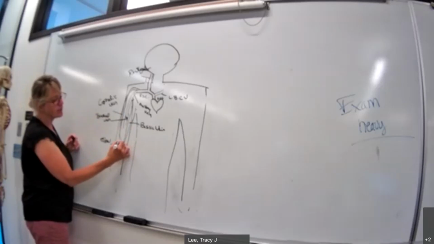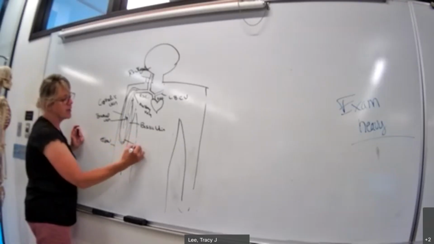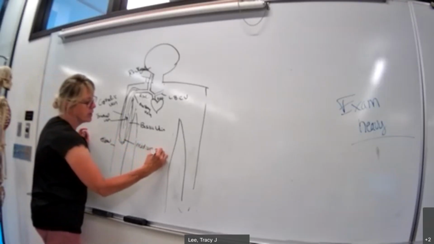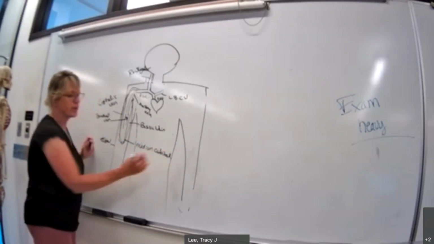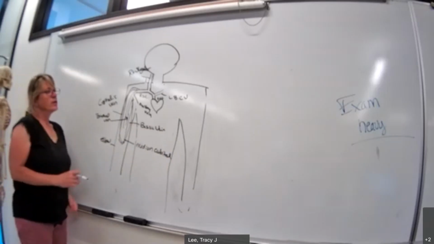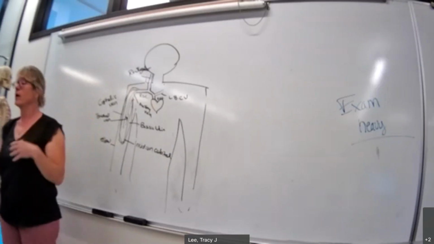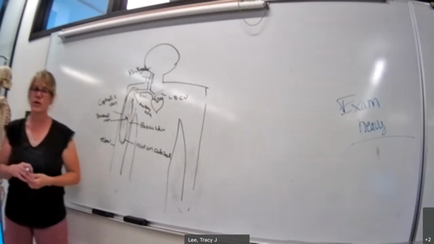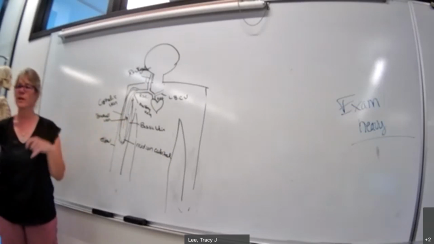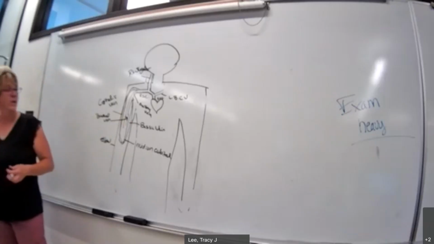And then where the basilic cuts over to join the cephalic vein right here, there's a branch, but this is called the median cubital. What region of the body is cubital? Elbow, right? Front of the elbow. So that I am just tracking, and I'm tracking away from the heart, but on your follow-up questions for your lab practical, a lot of my follow-up questions to vessels will be things like, where's the next place blood will flow from here?